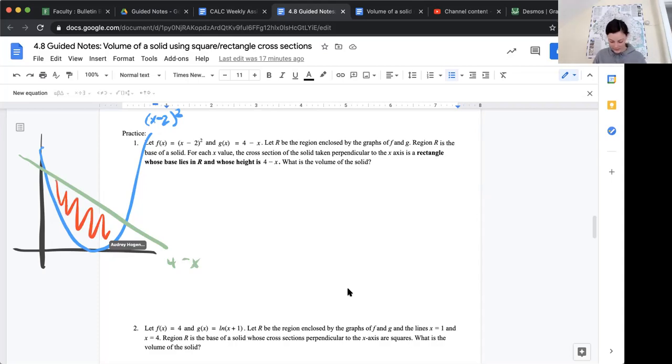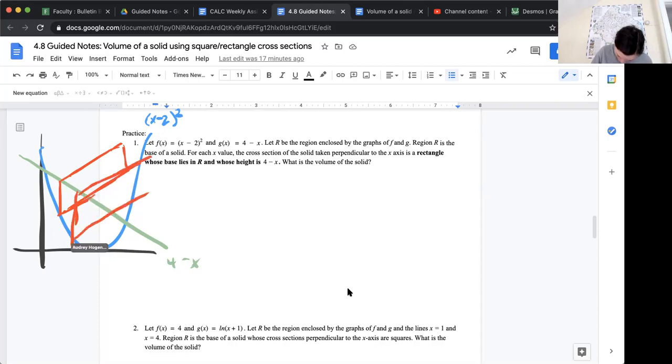But again, I'm not going to leave that shaded because I want to be able to sketch out my rectangular cross sections. The area between the two functions is always the base of your solid. Then I'm going to imagine these big 3D rectangles coming up kind of like this.